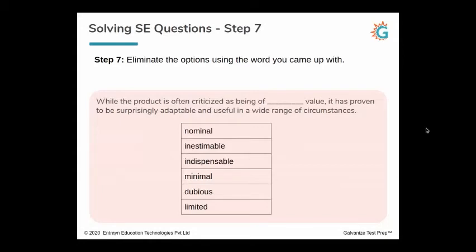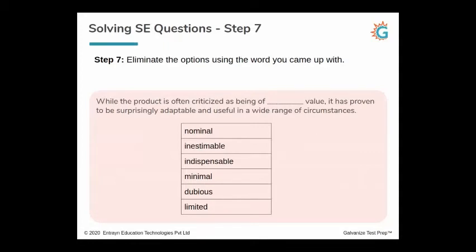Okay, nominal is usually used in good contexts. It is a positive word. Now the product is often criticized as being of nominal value. Okay, so if you criticize, you can't use a positive word here. You're going to use a negative word here, right? So nominal cannot be the answer.